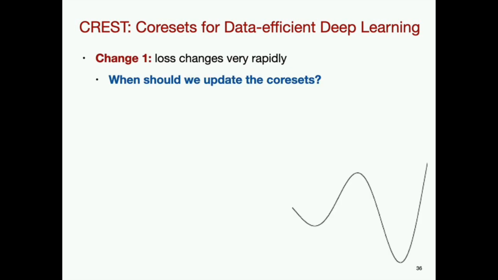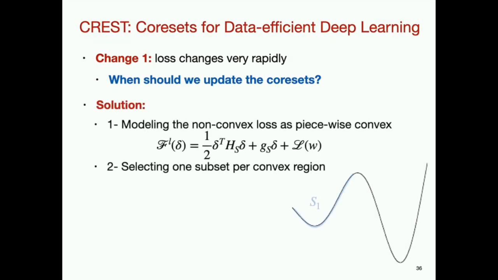So for the first one, the main question is: when should we update the subset such that we can still guarantee the performance? So the idea here is that, let's say that we are at the beginning of the training, at the left-hand side of the blue curve, right? At that point, we can use the global gradient and curvature estimates to do a second-order Taylor approximation to model the loss, technically a quadratic function with the local gradient and Hessian estimate.